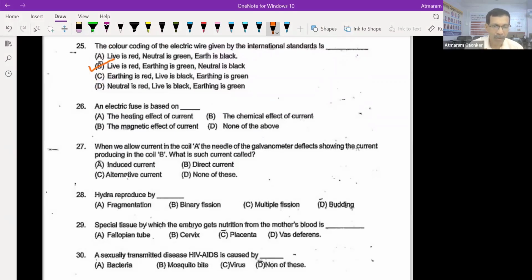Then an electric fuse is based on the heating effect of current, chemical effect of current, magnetic effect, or none of these. Fuse burns by heating. So it is the heating effect of the current.